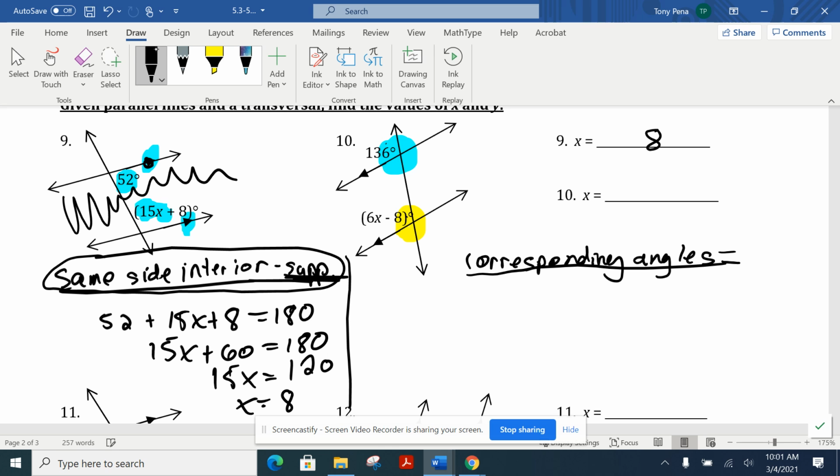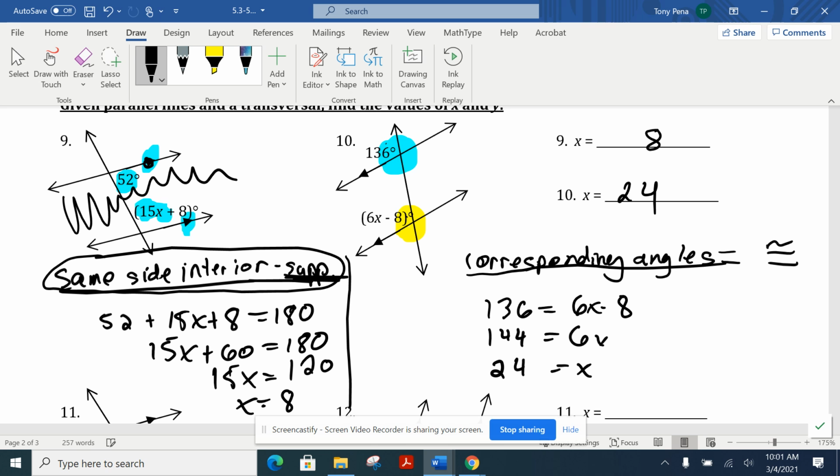And what we should find is that corresponding angles are congruent. So that means we're taking that 136, we're going to set it equal to the 6x minus 8. There's your equation. That's what we're going to go through and solve. x equals 24.